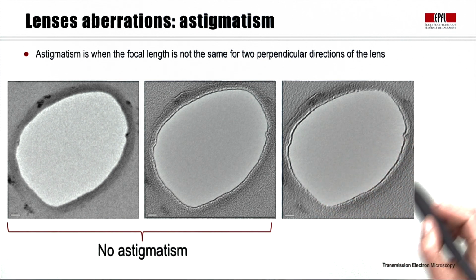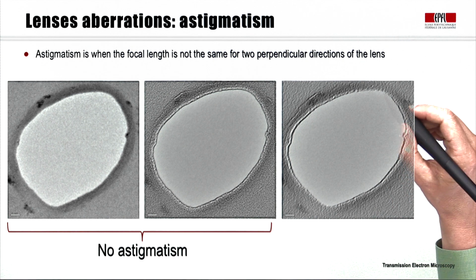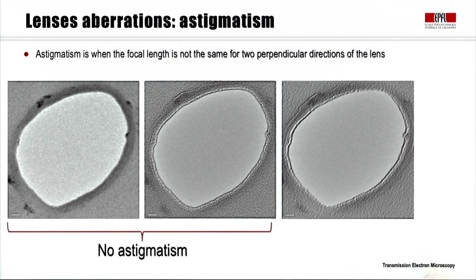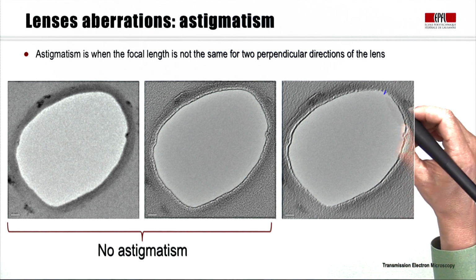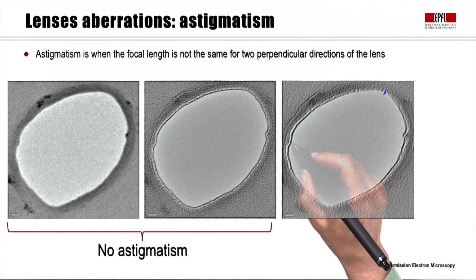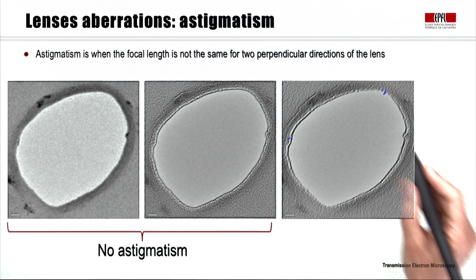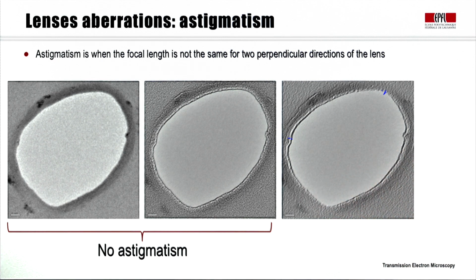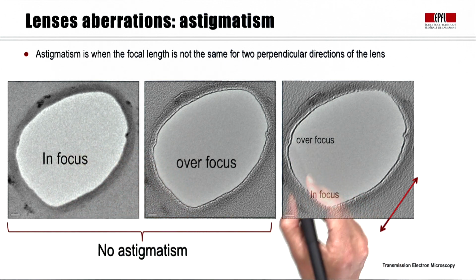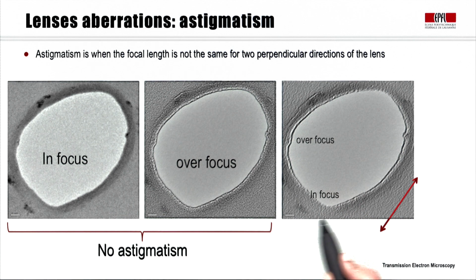But this one is a bit strange, right? It looks like I'm in focus there and completely overfocused at that position. And indeed, this image has a strong astigmatism. So this image is in focus, overfocus, and I have some part overfocused, some part in focus.